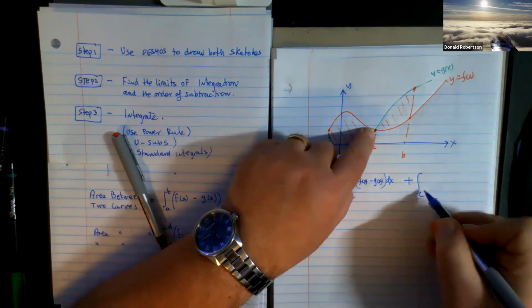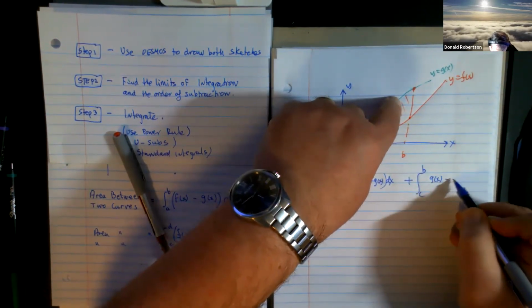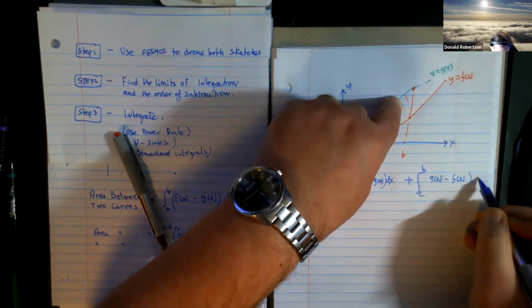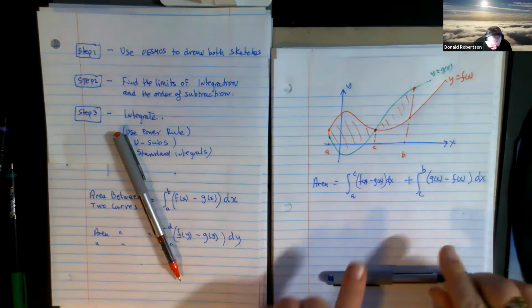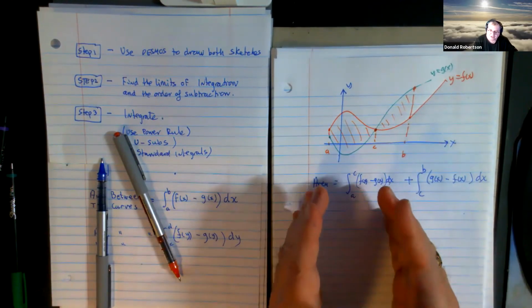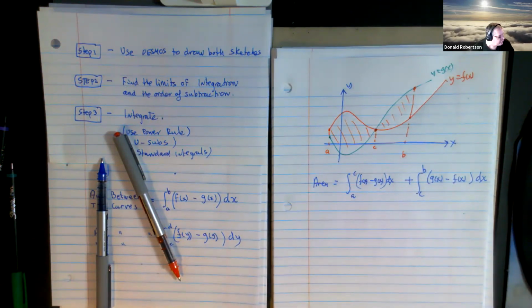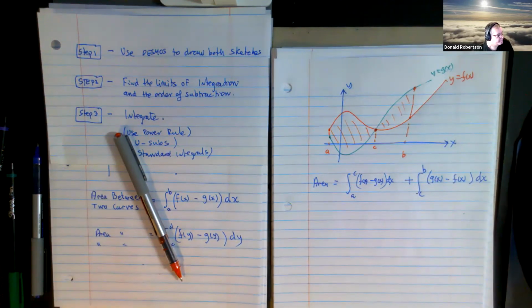And then from C to the end B, the green guy's on top, and the red guy's on the bottom. So essentially what you do is that you subtract them, but you notice that you switch places. So for the first half, it'll be like A take away B, and then the second half, it's like B take away A.